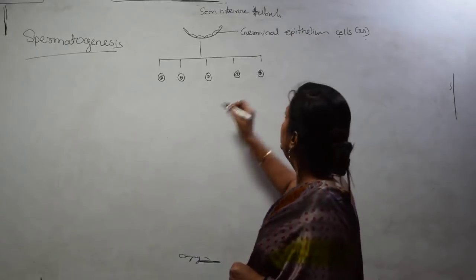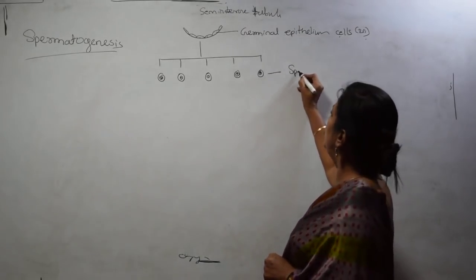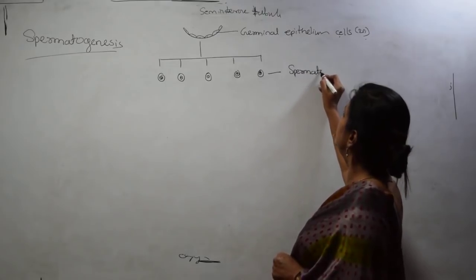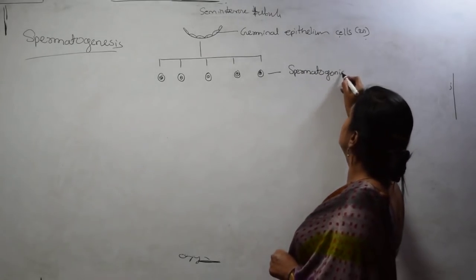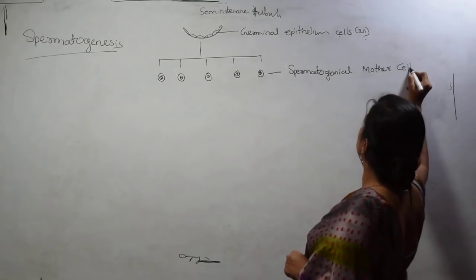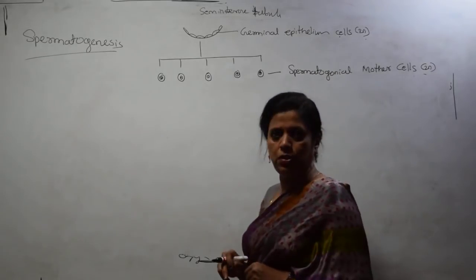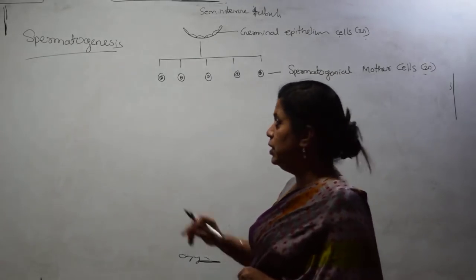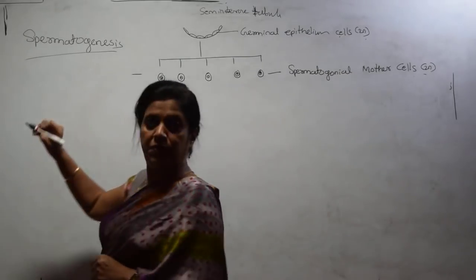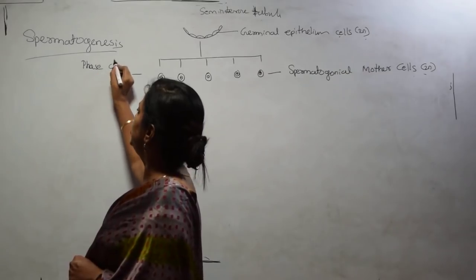These are all diploid in nature, and these are called spermatogonial mother cells. Right? These spermatogonial mother cells are still diploid in nature, because they have just undergone mitotic division. And this first phase where the division is happening is called the phase of multiplication.